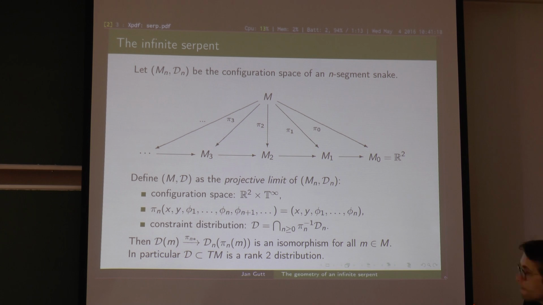Okay. Can we think of this as a snake which has finite length, but the segments are shorter and shorter? I always thought that it would be a very interesting way to view it, but I could never make it precise. I never really gave that much thought to it.